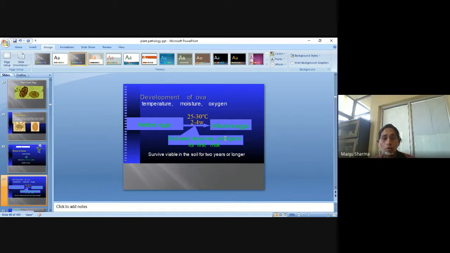Then the enclosed larva has undergone its first molt, and it will be the infective stage, surviving in the soil for 2 years or longer.